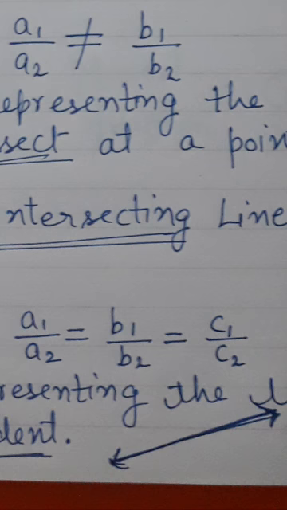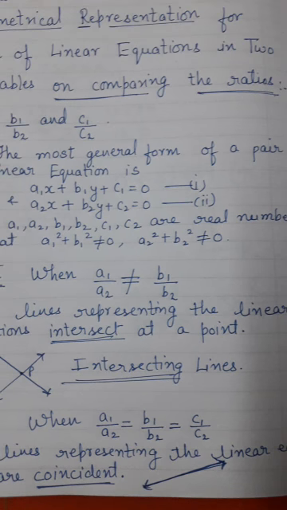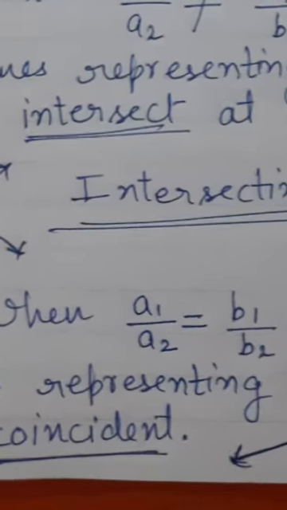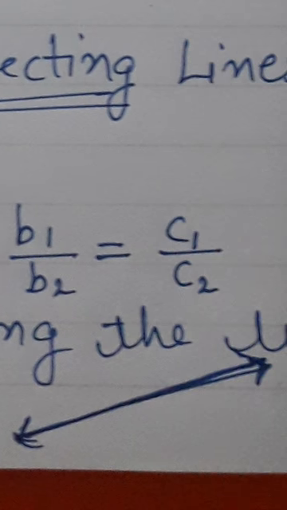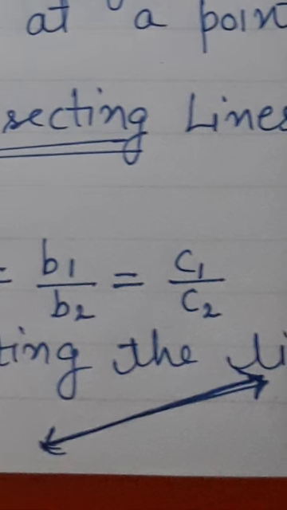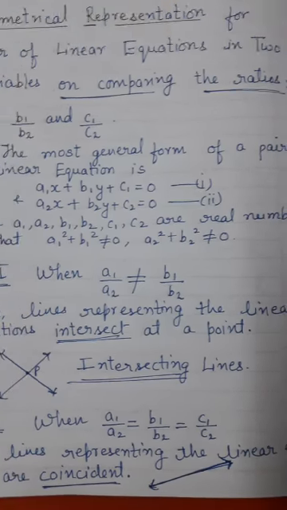When all three ratios are equal and we represent the equations by lines in a Cartesian plane, then both lines will be coincident. Coincident means that the lines overlap each other. They will fall on each other. This is the second case where all the ratios are equal, and we get coincident lines.